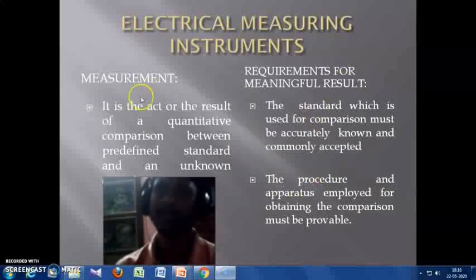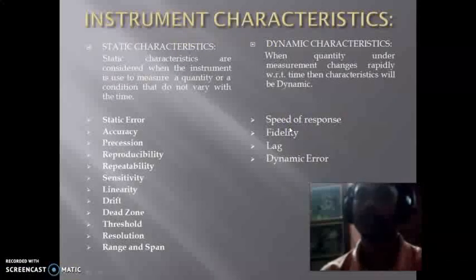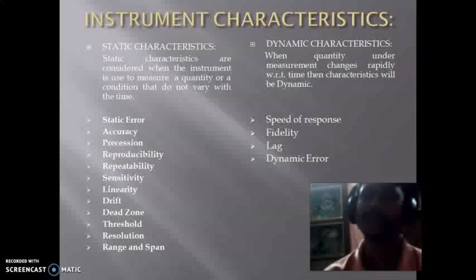So this is the basic or introductory part of measurement. Now I am going to explain the characteristics of instruments, which is very important. Instrument characteristics are basically classified into two categories: static characteristics and dynamic characteristics.